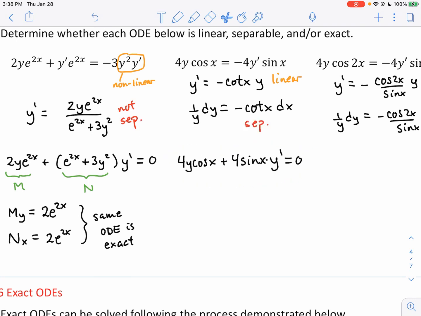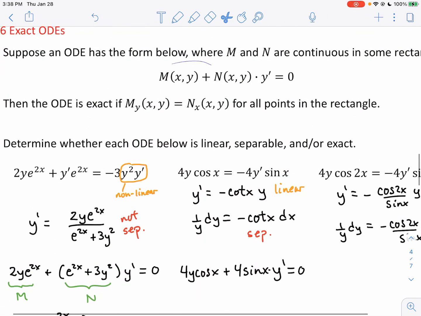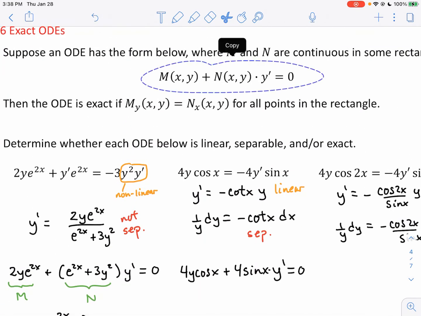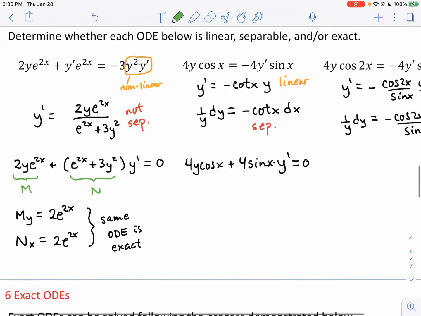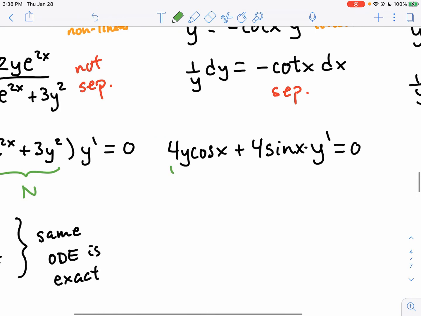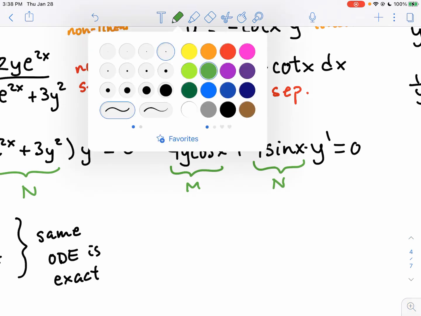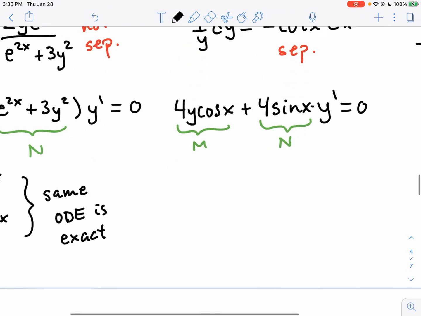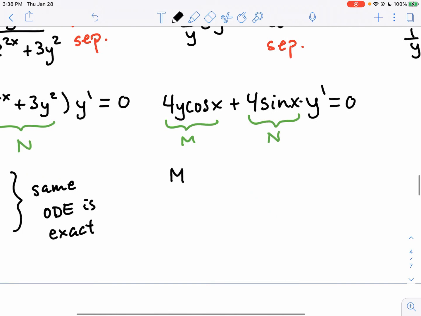Okay, so there's my general structure that mimics this structure right here. So identify the m. The m is our first part here that does not have y prime, and our n is the 4 sine x that is a coefficient of y prime. Now we just need to do m sub y and n sub x and see if they're the same.